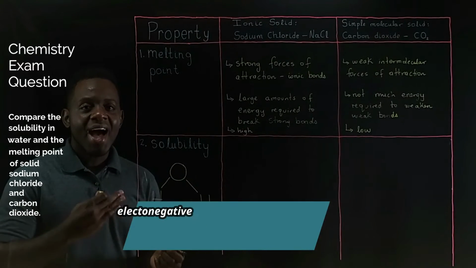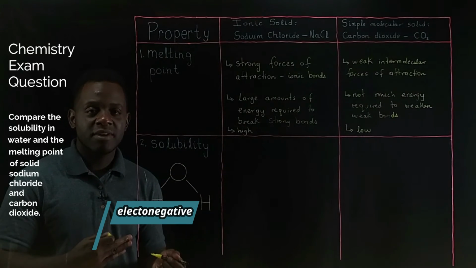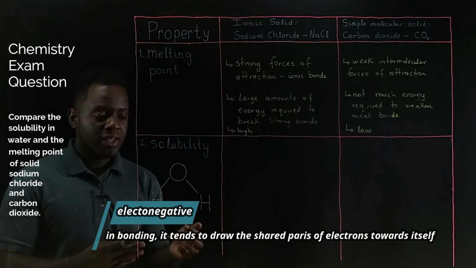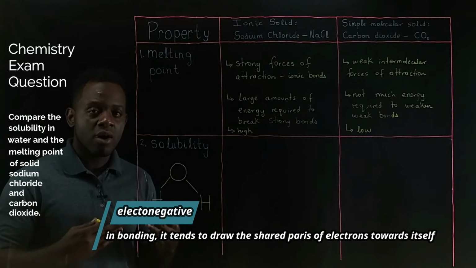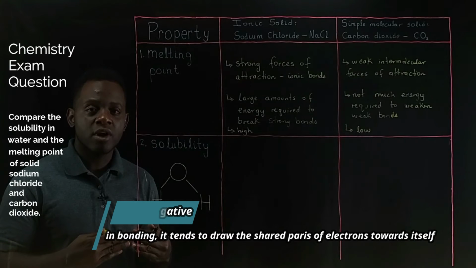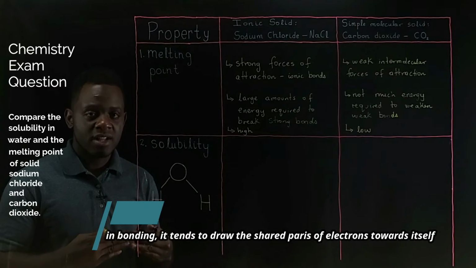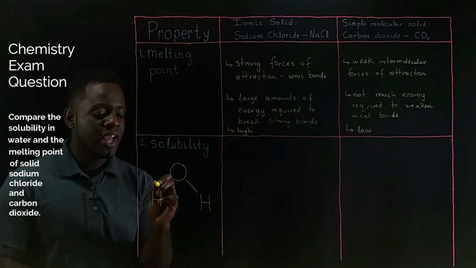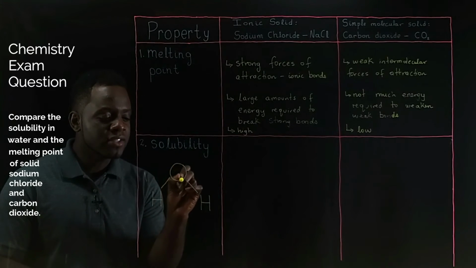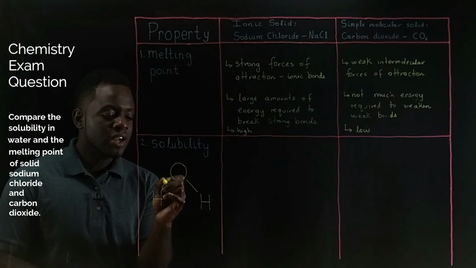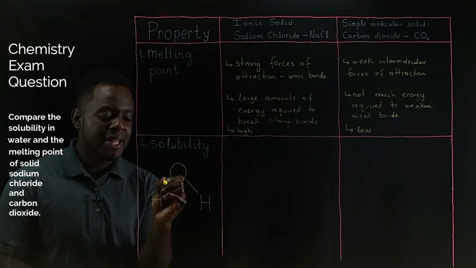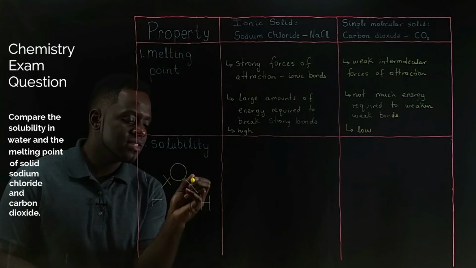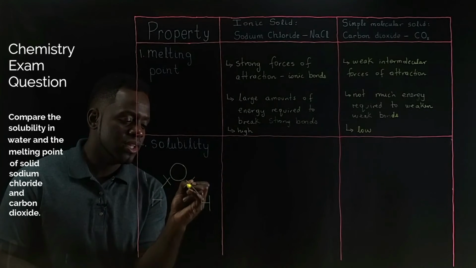Oxygen is a highly electronegative element, meaning in bonding, it tends to draw the shared pairs of electrons towards itself. So the electron pair shared between a hydrogen and an oxygen atom, they are not exactly in the middle between the atoms, but they are closer to the oxygen than they are to the hydrogen.